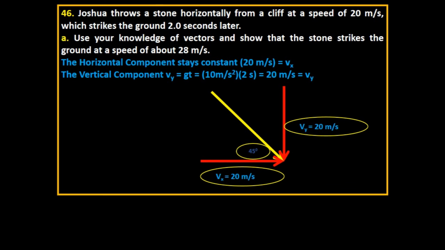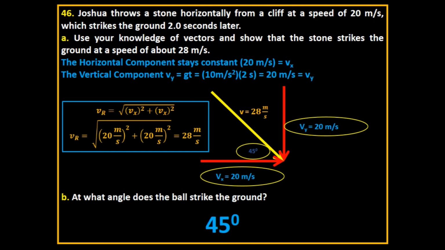That will be the resultant vector. So if that's the resultant vector, is it clear to you that the hypotenuse would be the square root of the sum 20 squared plus 20 squared? And that would be the answer to the question. So that would be 28 meters per second.